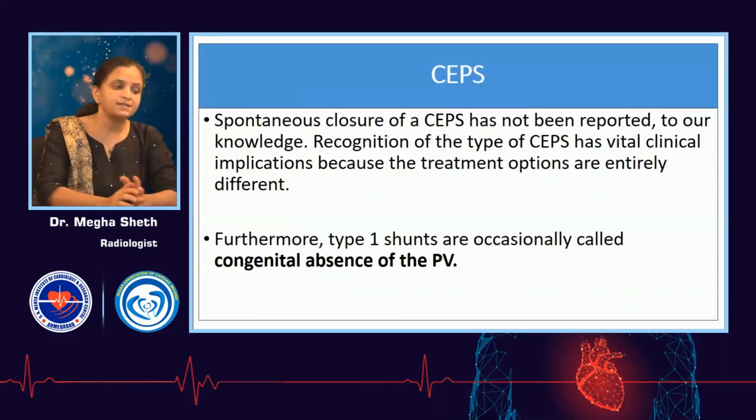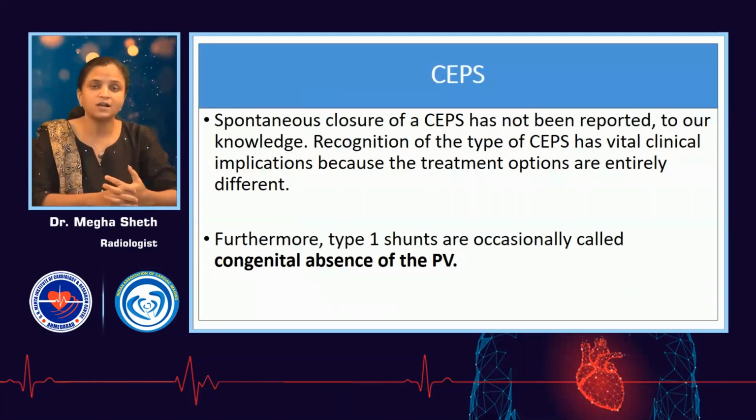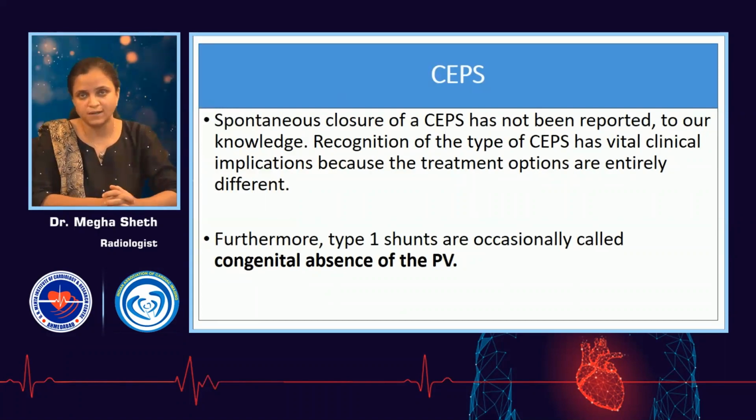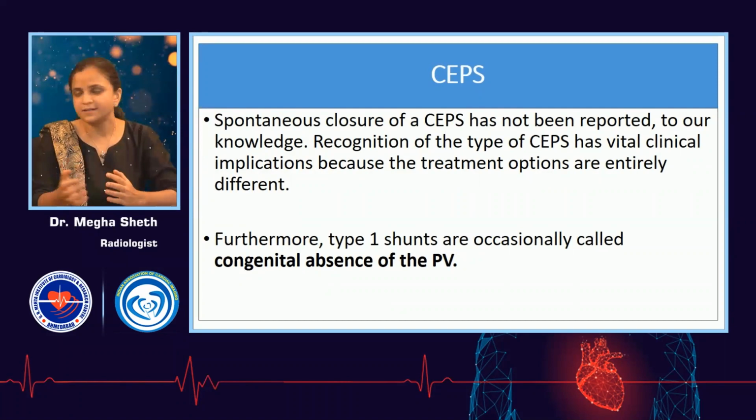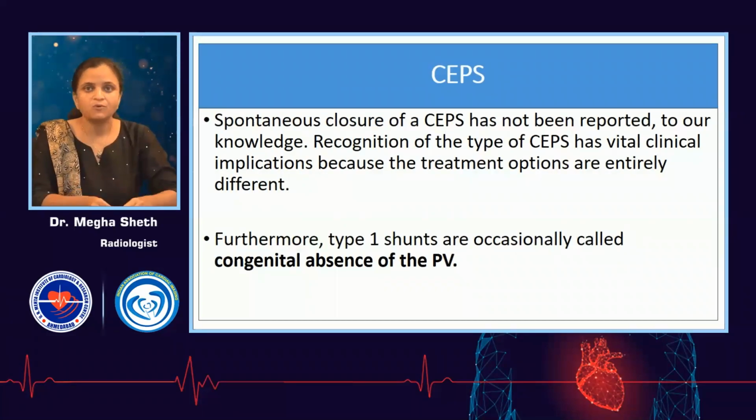Okay. Now, as I said, type 1 shunts are called congenital absence of portal vein. I'll show you an example also, and we'll discuss it later. You need to demonstrate the portal radicals, or the branches of the portal veins in the liver, even if they are narrow.